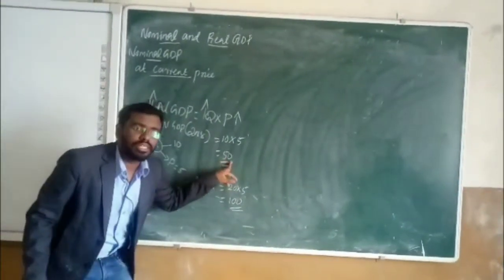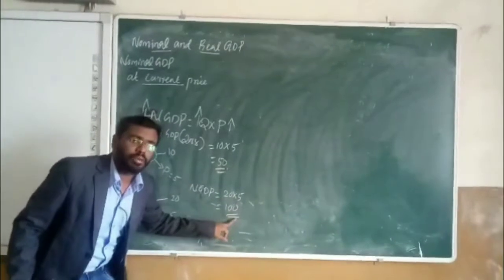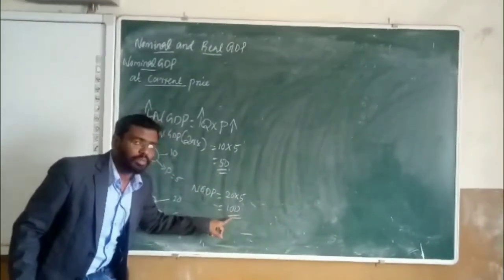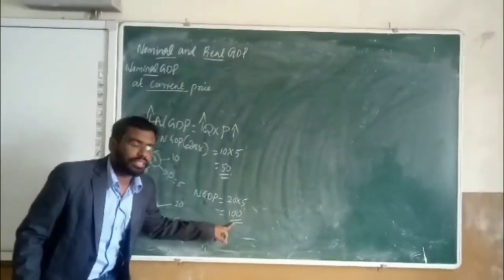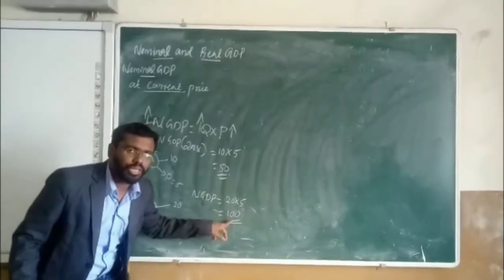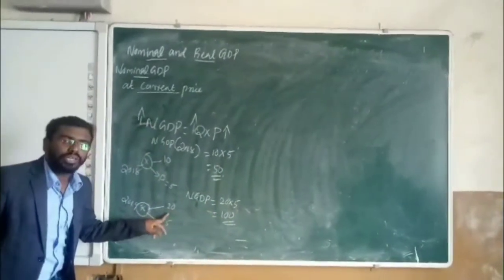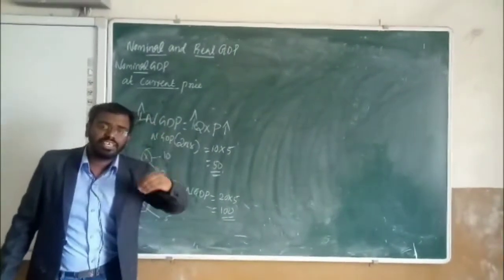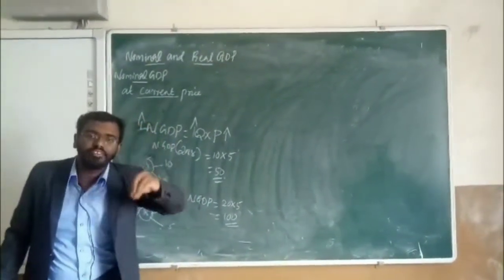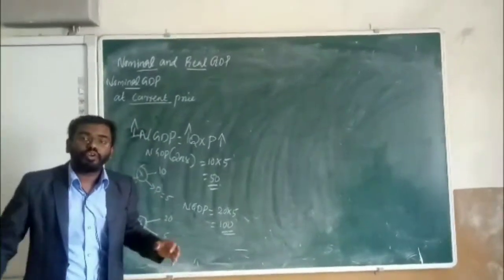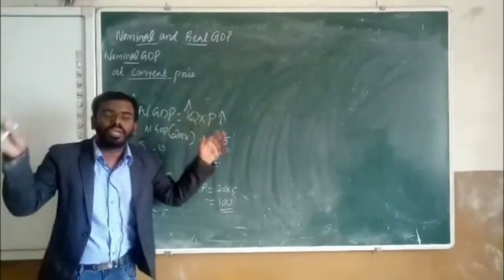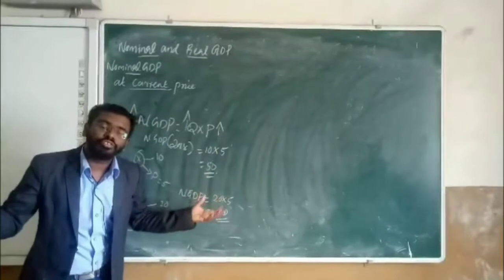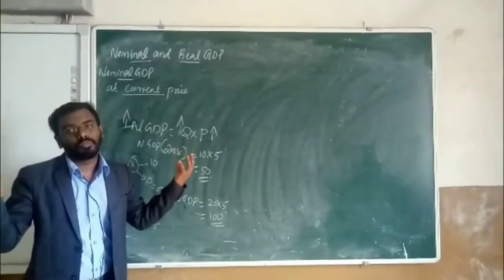Previously nominal GDP was 50, now it became 100. What is the reason for this increase? Because the level of output increased. When nominal GDP increases due to an increase in the level of output, the flow of goods and services in the economy will increase and the welfare of the people will also improve.